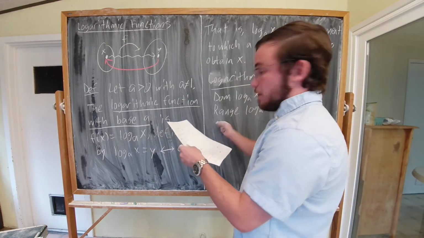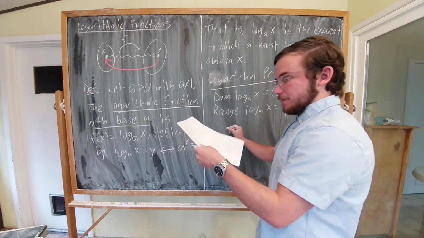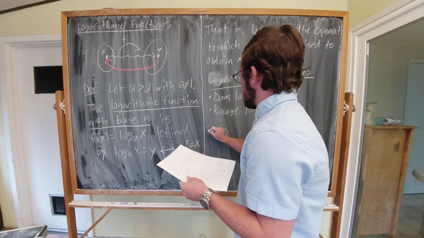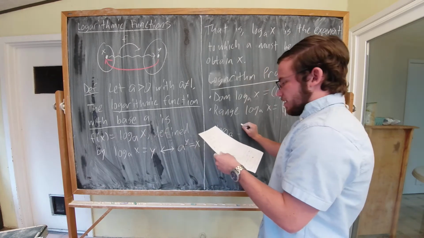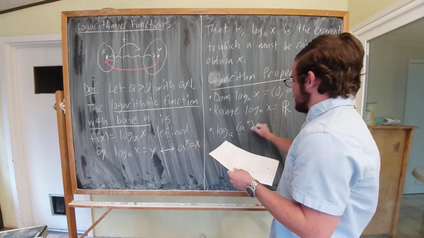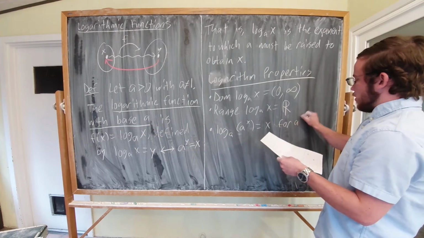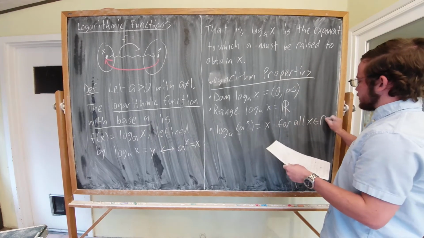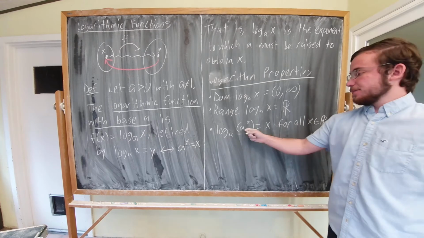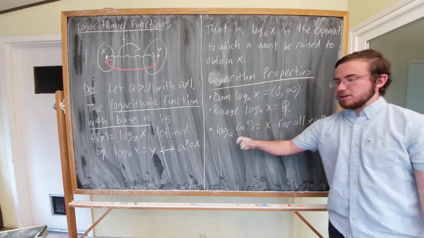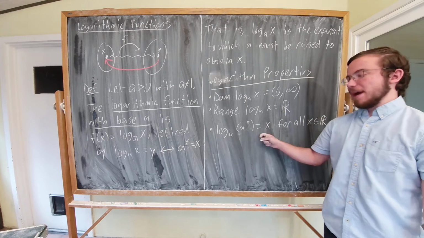And furthermore, this is known as the inverse function property. Log base a of a to the x is equal to x for all x in R. So if you take a number, you take a to that power, and you take the logarithm base a, you get back the original thing.